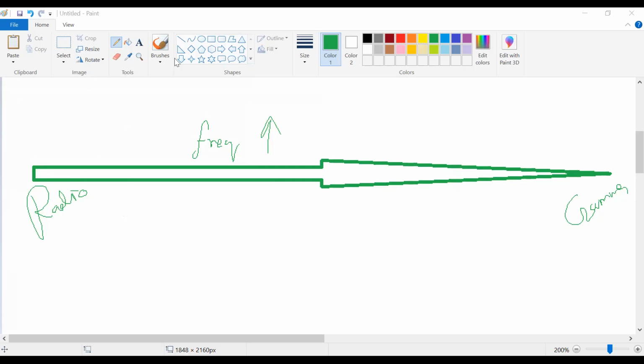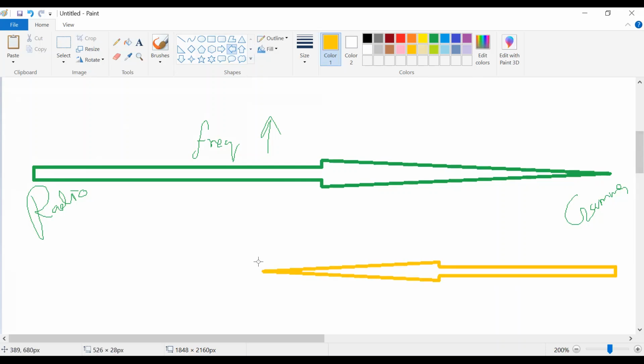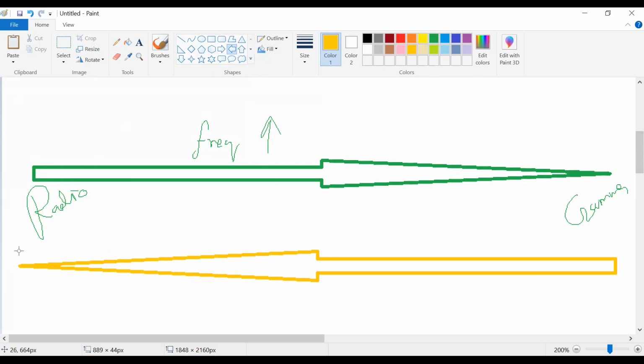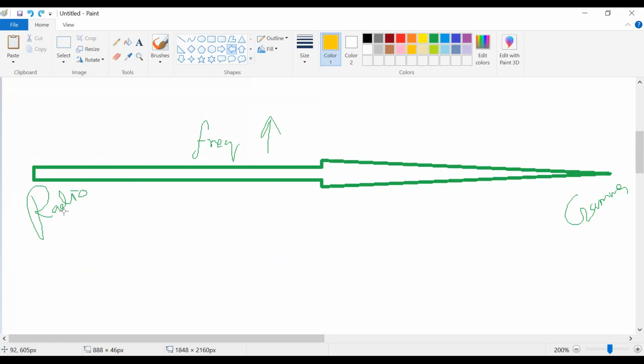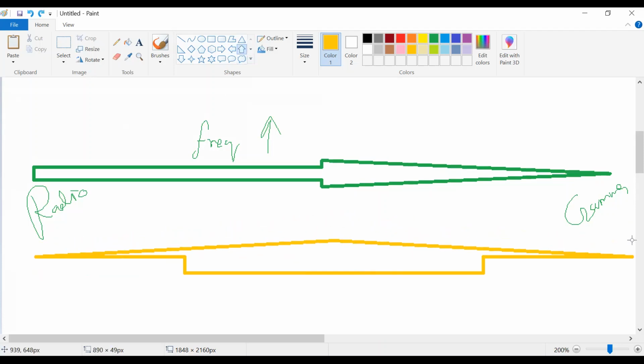For this same side, if I see this one, son. But let me draw it in the other direction. If I go from gamma to radio, right? And you'll get more confused. Let's keep the arrow in the same direction. If I again go from radio to gamma, right?